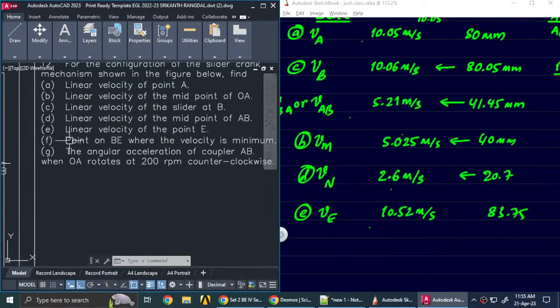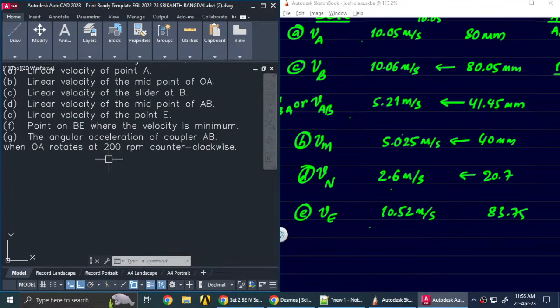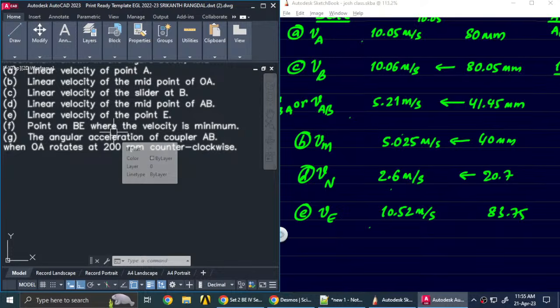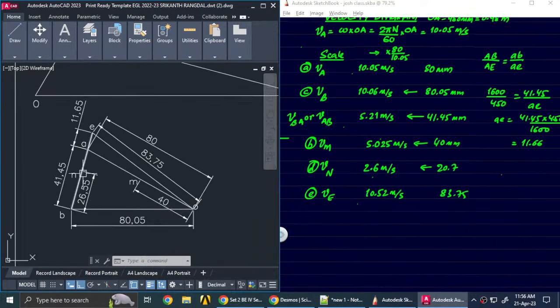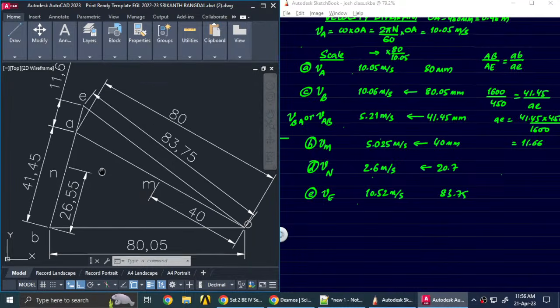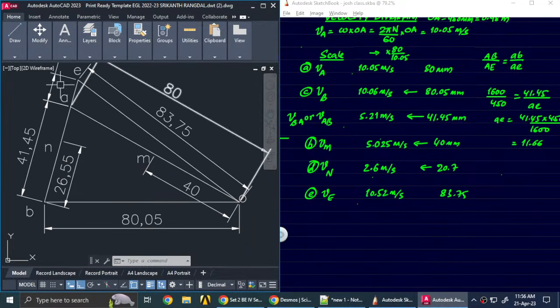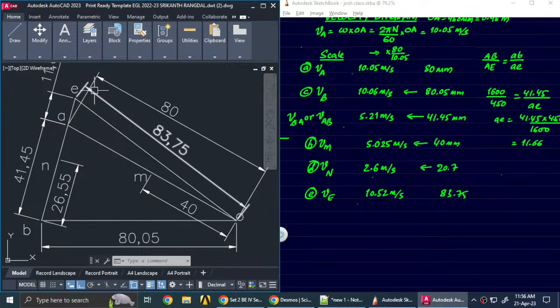And that was E. Again, next we want the point on BE where the velocity is minimum. Fine. So if you join any point on this length with this point O, we will get the velocity of that point on the link BE.